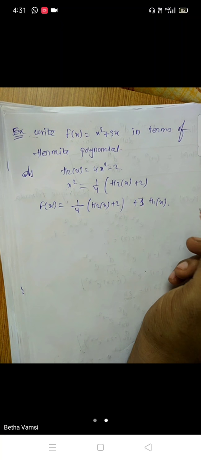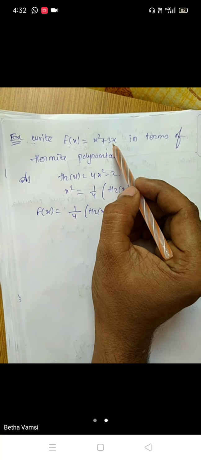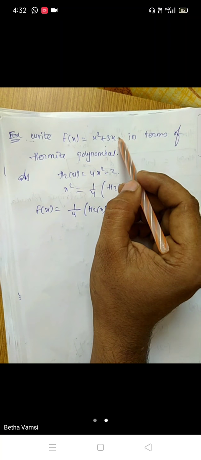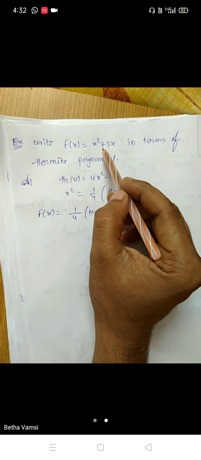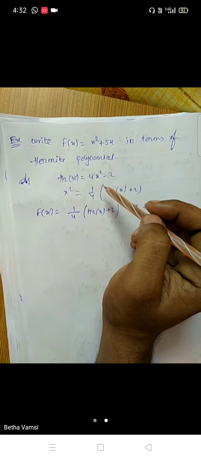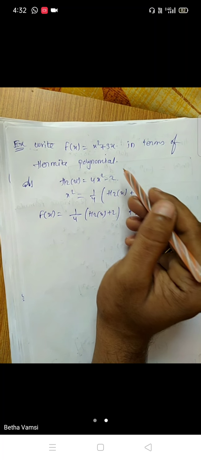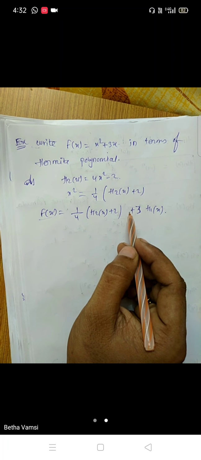This is a quadratic with c equal to 0, with no constant. We have written x square plus 3x in terms of Hermite polynomials, and finally we got the expression like this.